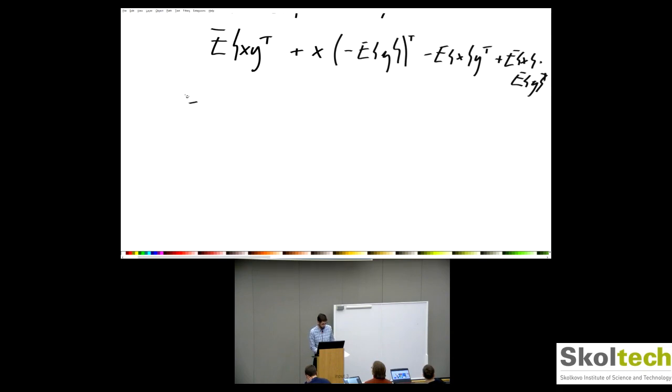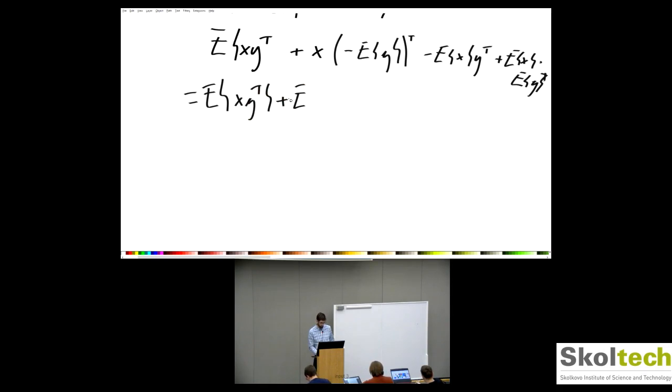Okay, so then let's use some properties. Is it clear? So let's just use some properties of the expectation operator. The first one is linearity. So what we are going to do is write different expectations. So this is one.